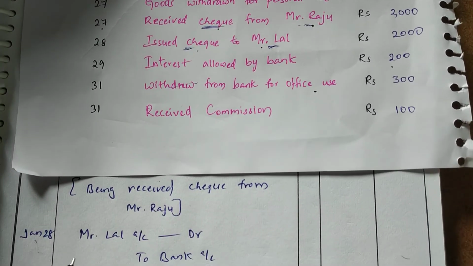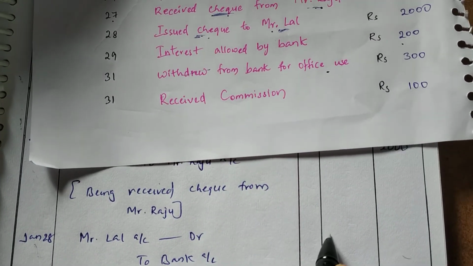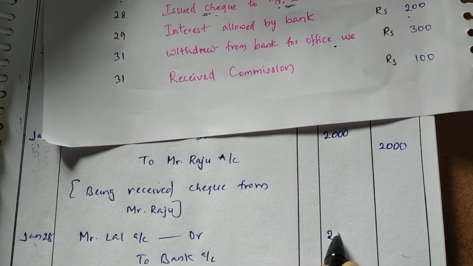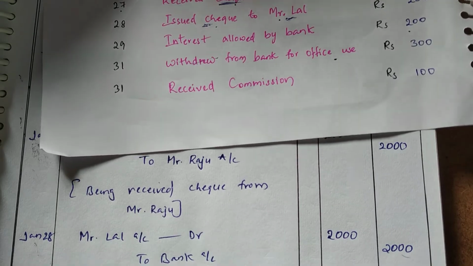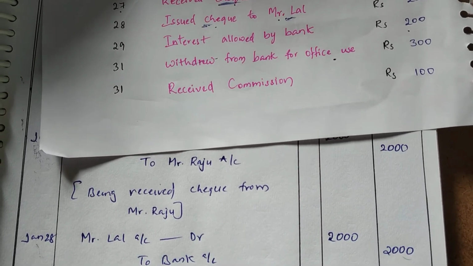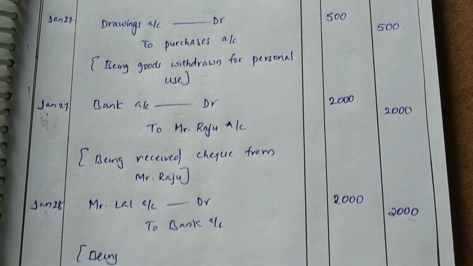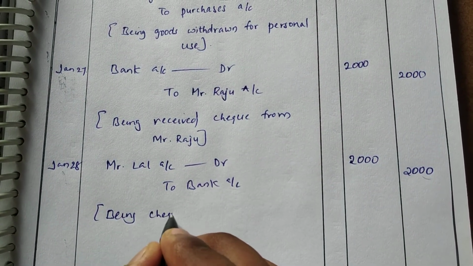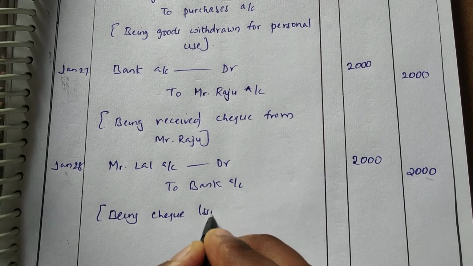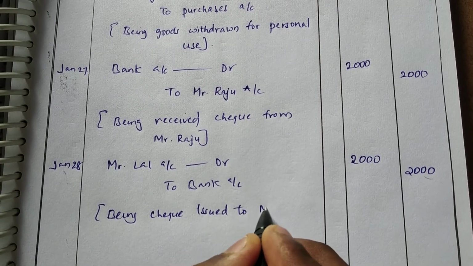Mr. Lal account debit to bank account, amount rupees 2000. Being check issued to Mr. Lal.